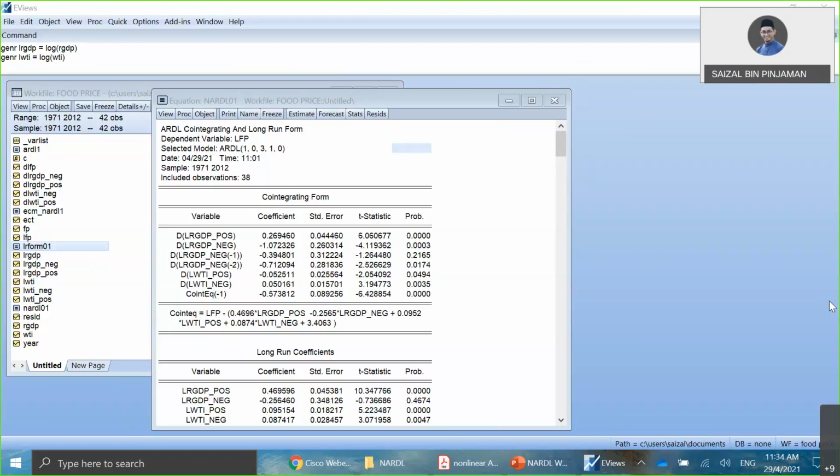So co-integration tells us the long-run relationship between the variables. I hope I answered your question.